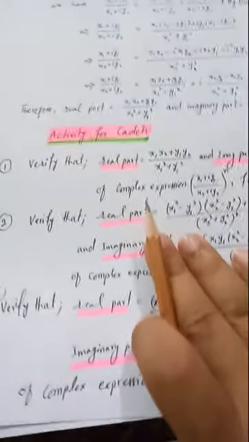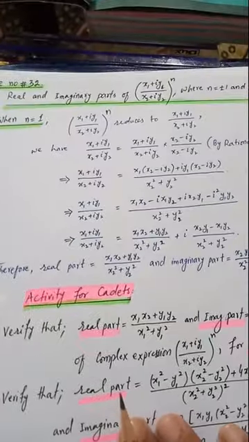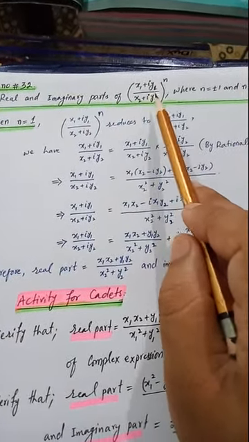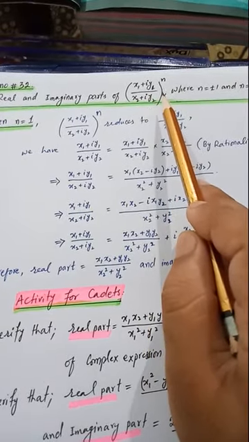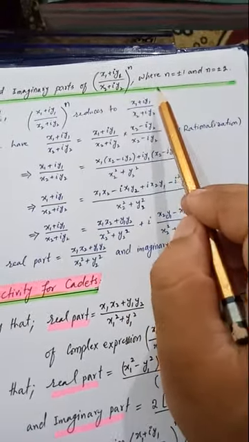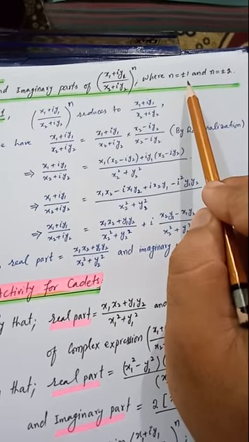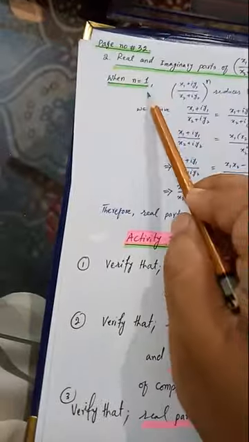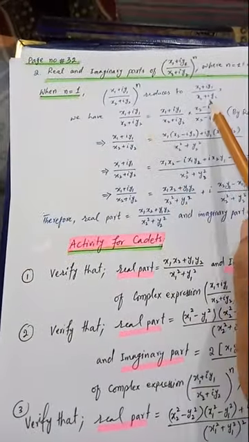Now if we have a question like x1 plus iota y1 divided by x2 plus iota y2 whole power n, what will be the real and imaginary parts if n equals 1, minus 1, 2, minus 2? Whenever I consider n equal to 1, this expression will be reduced to this.